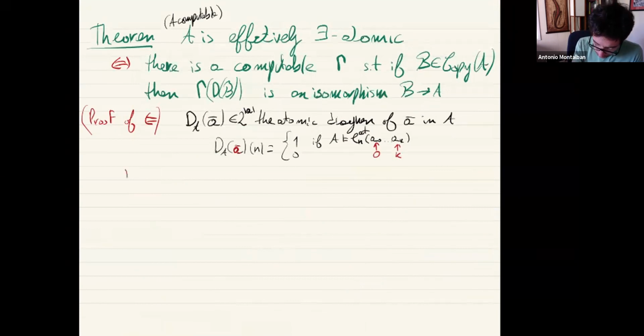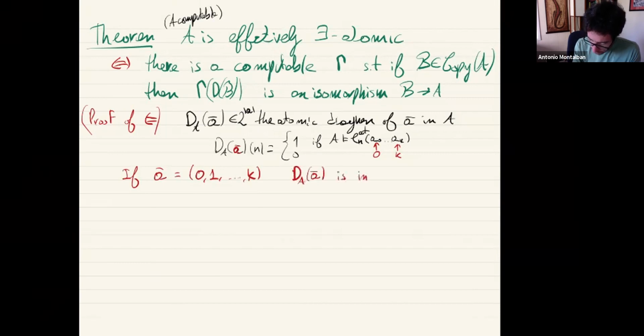So for instance, if A is the tuple 0, 1 up to K, the first K natural numbers, then dA of A is an initial segment of the diagram of A, of the full diagram of A. Okay, but I'm allowing here other tuples instead of just the initial one. Good.